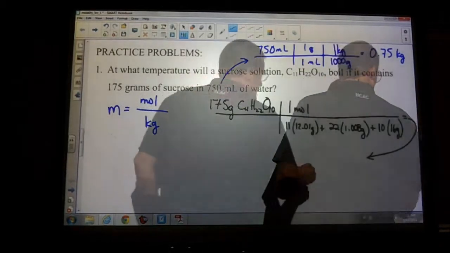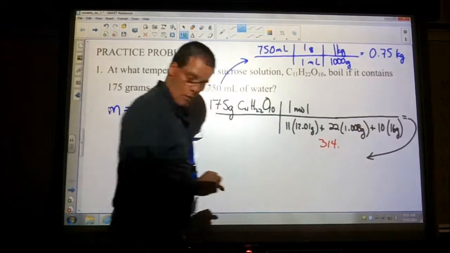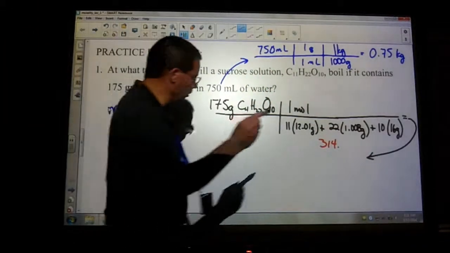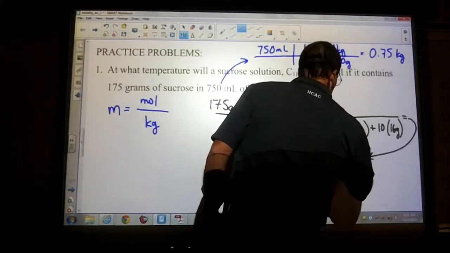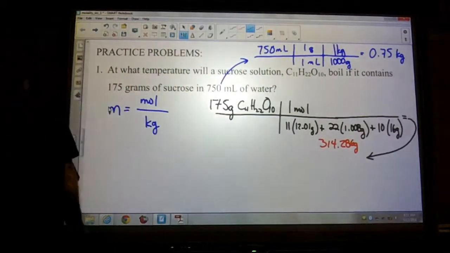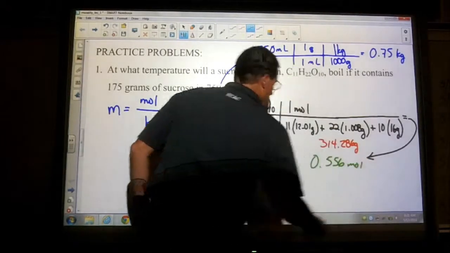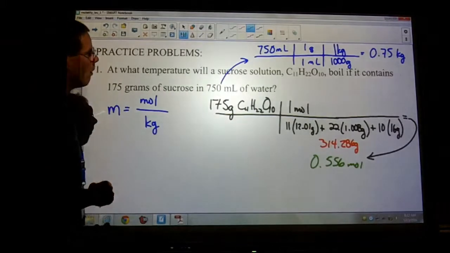So the molar mass is 314 point, what is it? 286, yeah. So if I take 175, okay. So we have our number of moles.